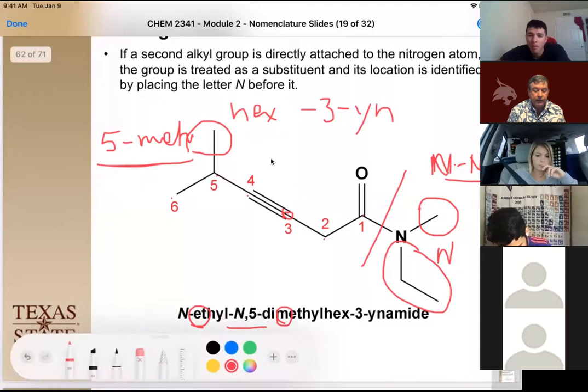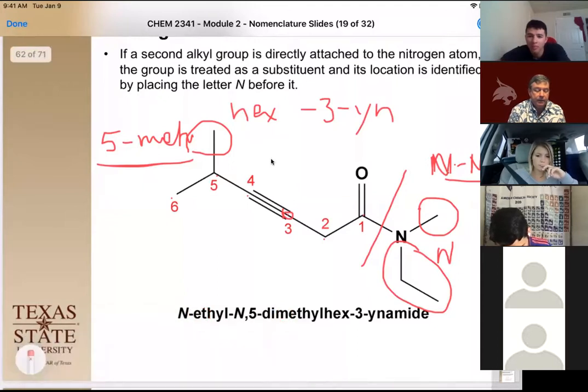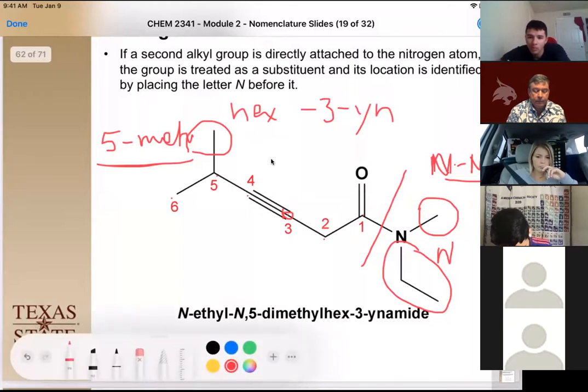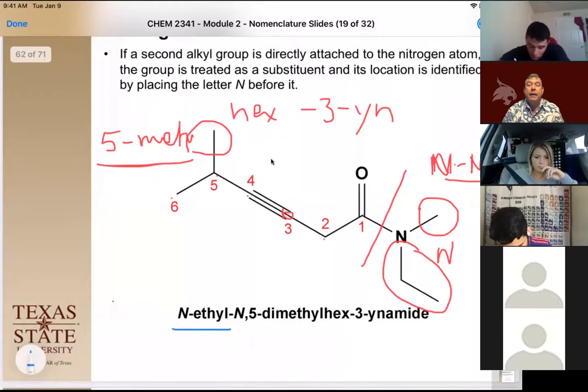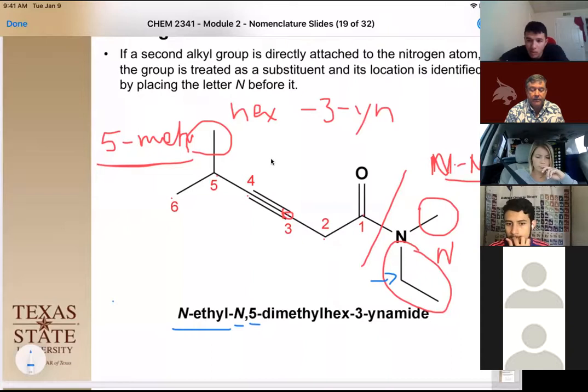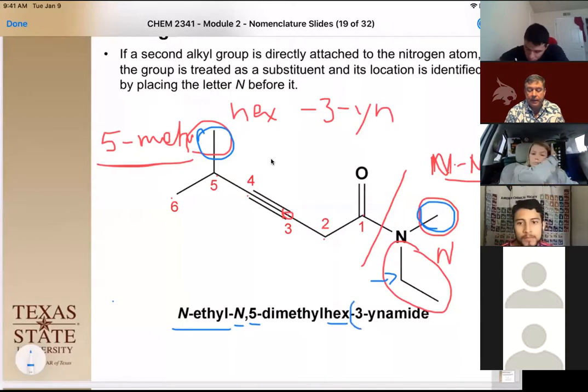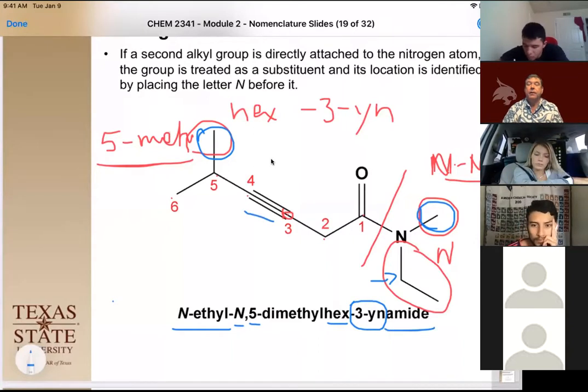So our final name is going to be N-ethyl for this group right here, N5-dimethyl for this methyl and that methyl, hex for the 6 carbons, 3-yne for the triple bond, and amide because it's a carboxylic acid. Okay.